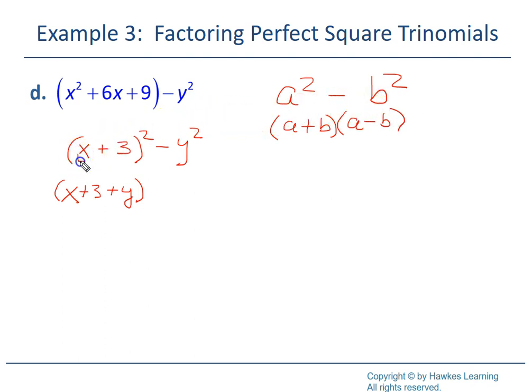So in a sense, this is our a here that we've written down, x plus 3, and then plus this term here, which is the y, and then parentheses again, x plus 3, which is our a here again, in a sense, and then minus y.